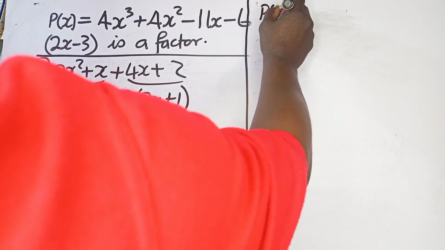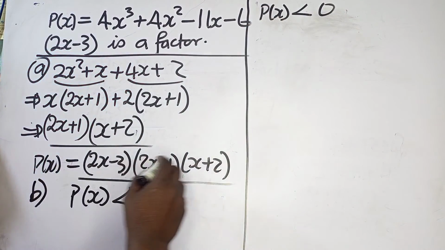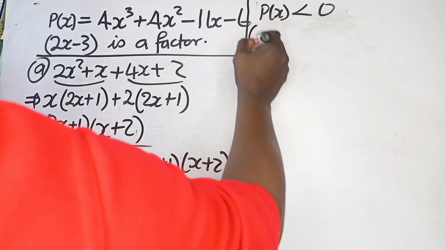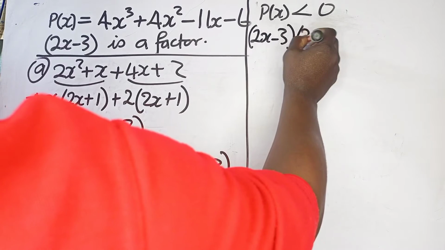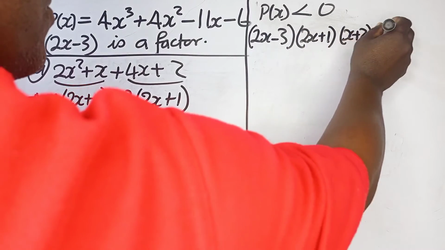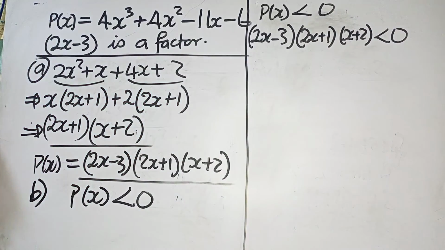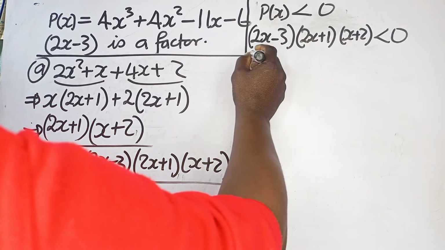P of x less than 0, we just write P of x as product of its factors like we see like this. We have 2x minus 3 into 2x plus 1 into x plus 2 less than 0. That's the inequality we're asked to solve. Since we already have here simple linear factors, we just get our boundary values.